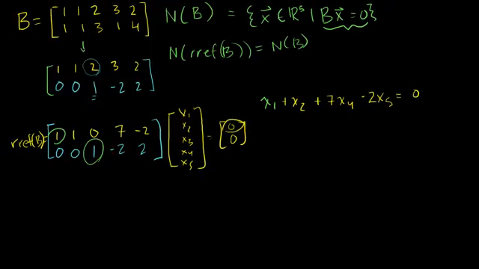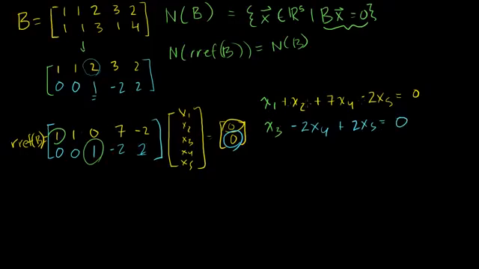And then this is x3, right? 0 times x1 plus 0 times x2 plus 1 times x3. So I get x3 minus 2 times x4, plus 2 times x5 is equal to that 0 right there.